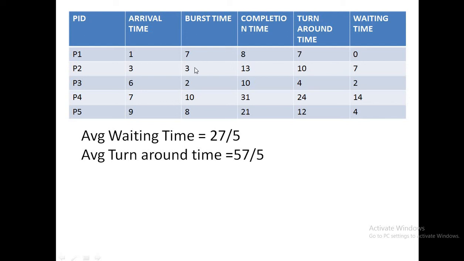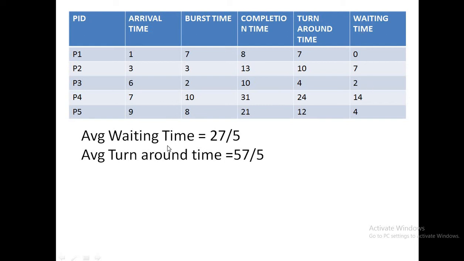Then 10 minus 3 is 7. Then 4 minus 2 is 2. 24 minus 10 is 14. And 12 minus 8 is 4. Okay, so here we have each individual job's turnaround time as well as waiting time.